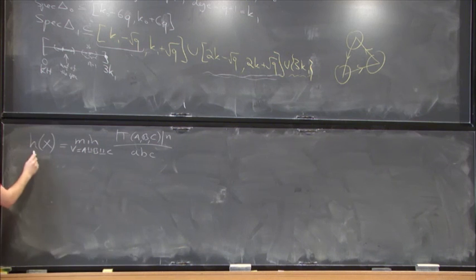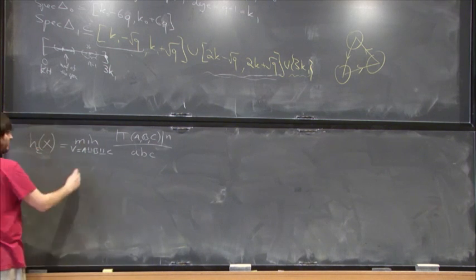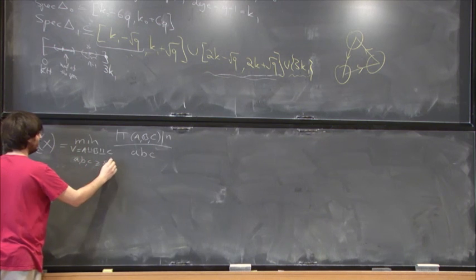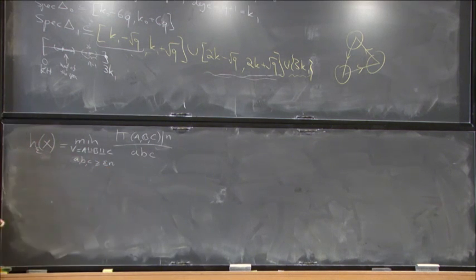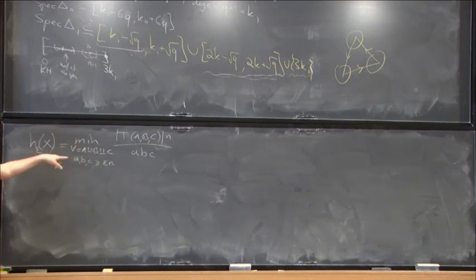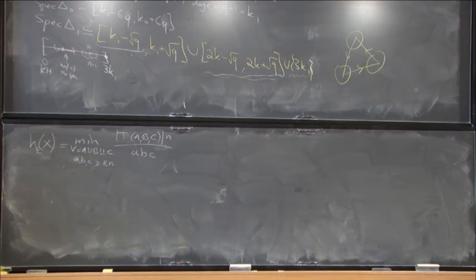We say that this is the epsilon Cheeger constant, and I want A, B, C to be at least epsilon n. So all the sets have to be linear. If you do less than this, then it's trivially 0. But for this, we can say that it behaves pseudo-randomly.